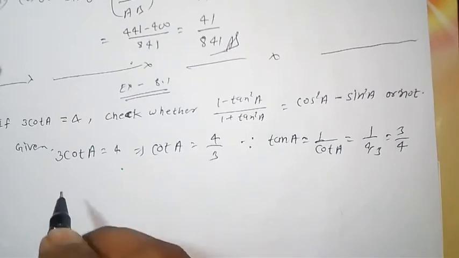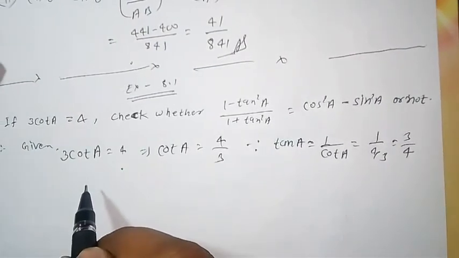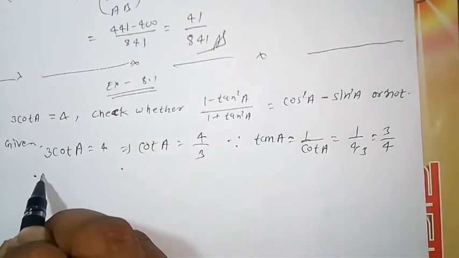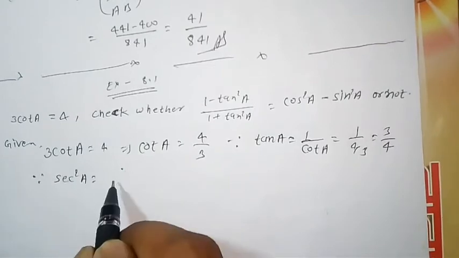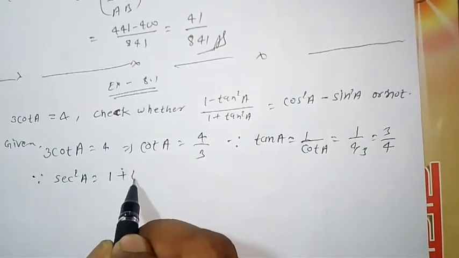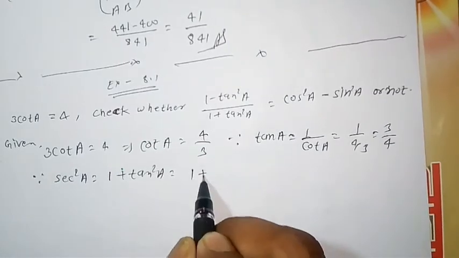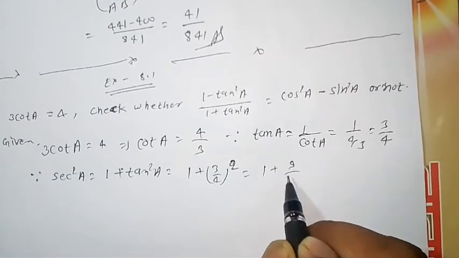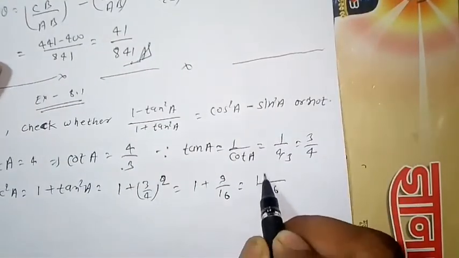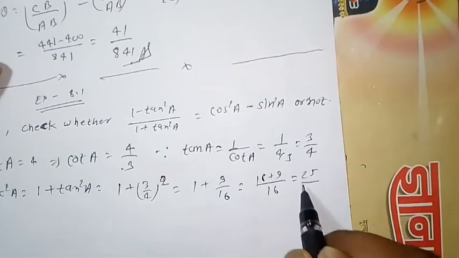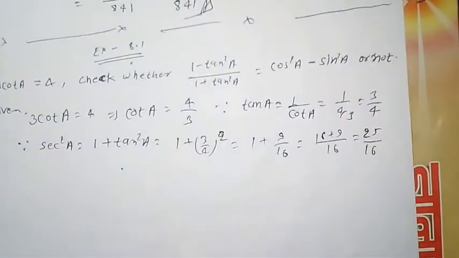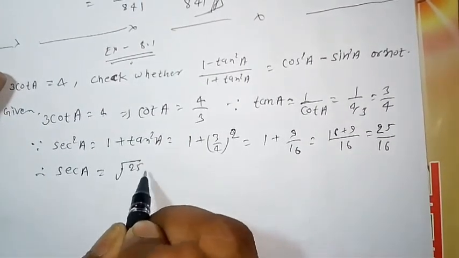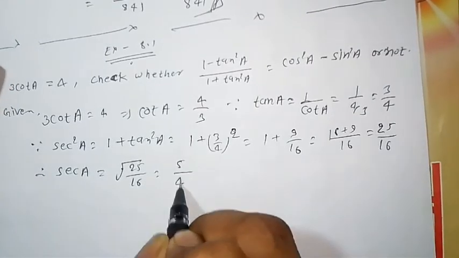Okay. Because sec square A is equal to 1 plus tan square A is equal to 1 plus 3 by 4 to the power 2 is equal to 1 plus 9 by 16, LCM 16, 16 plus 9 is equal to 25 by 16. Therefore, sec A is equal to root under 25 by 16 is equal to 5 by 4.